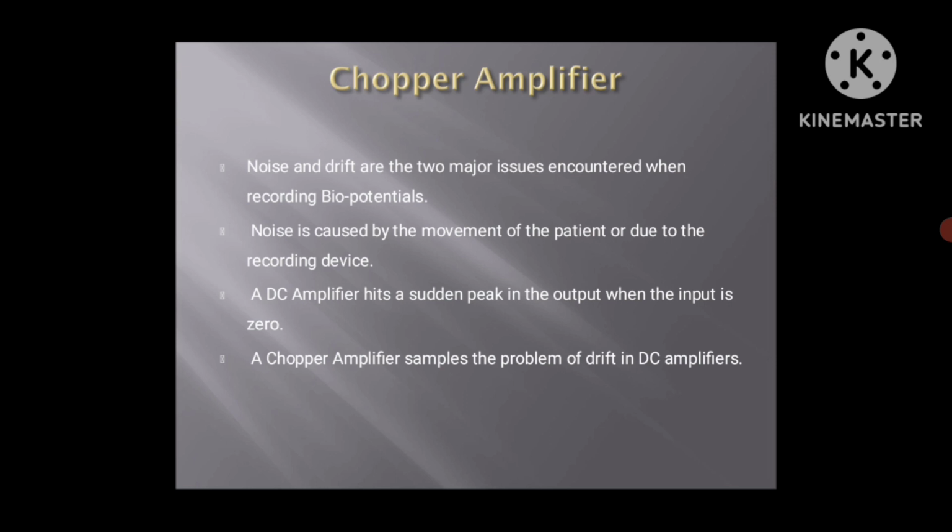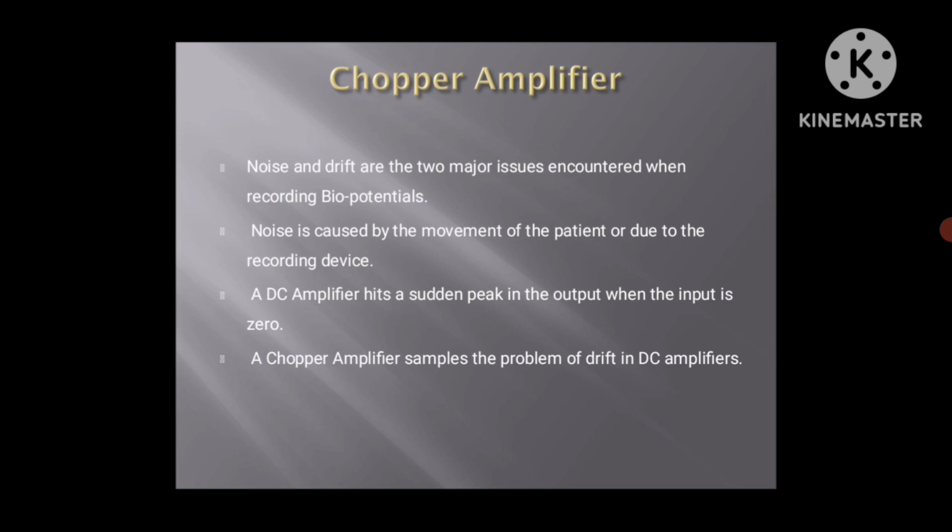Next we are going to see the chopper amplifier. Noise and drift are two major issues encountered when recording biopotential signals. The noise is caused by movement of the patient or by recording devices. A DC amplifier shows a sudden peak in the output when the input is 0.